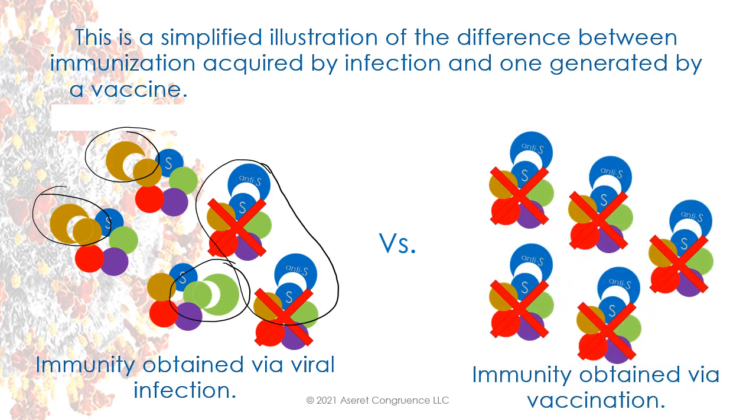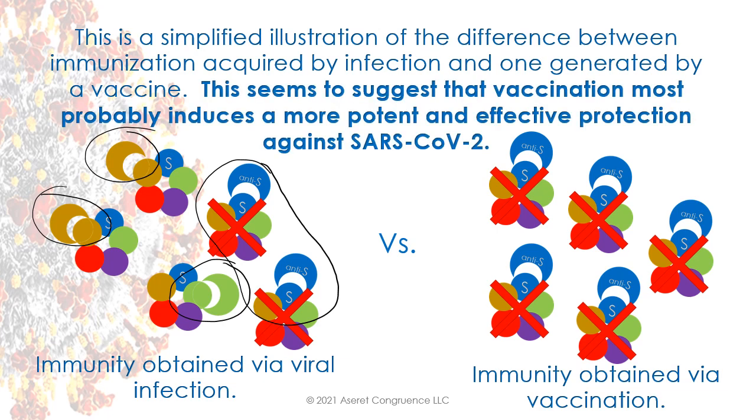Vaccination gives us only anti-S antibodies. Therefore, we seem to have a more, as I said earlier, a more targeted, a more specialized defense against the virus. And this is why authorities and scientists and the data shows that vaccination seems to be more effective at protecting us against COVID-19 than having a prior infection and the immunity that goes with it.